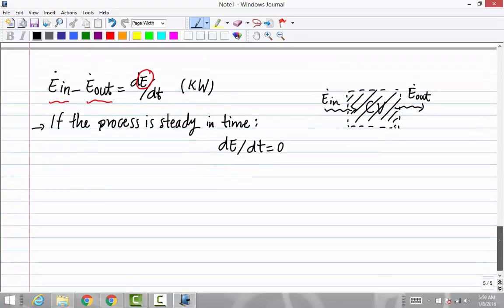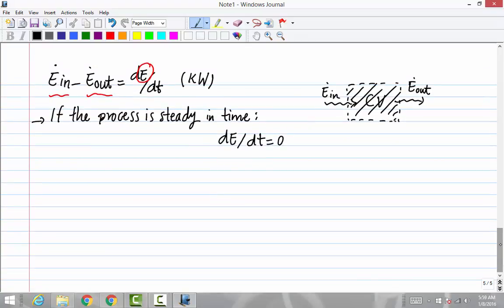So for this question, for the windmill, the first law says E dot in minus E dot out.